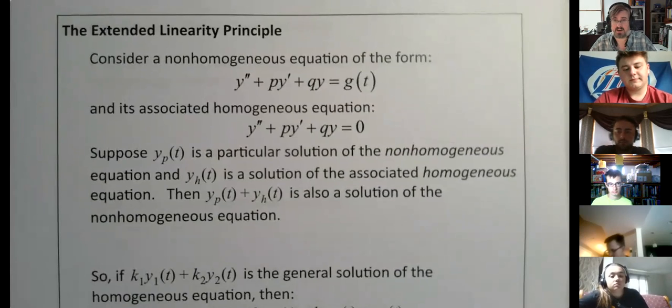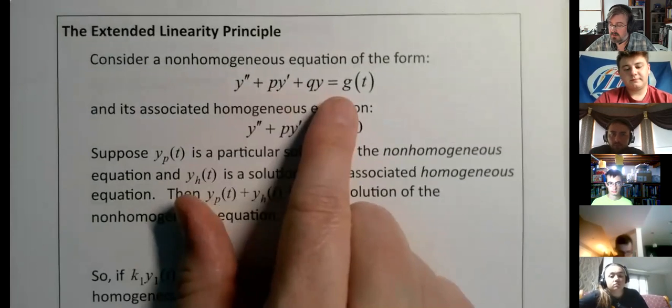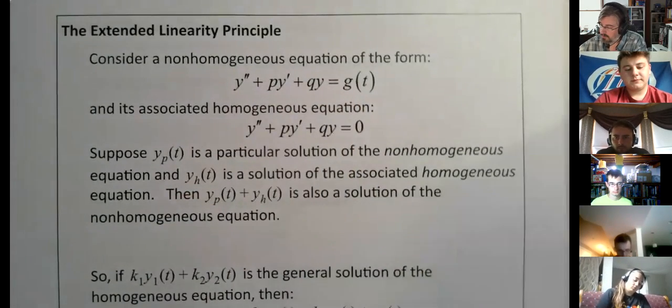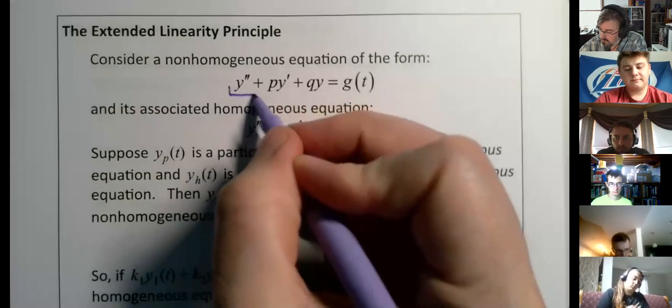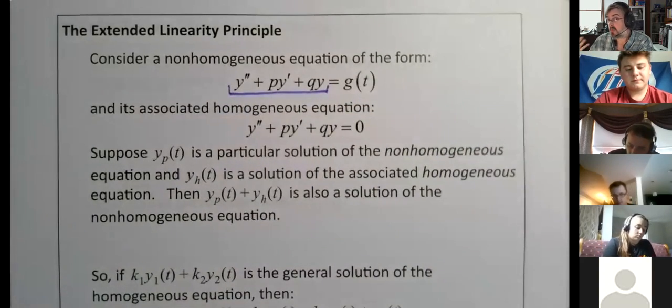The extended linearity principle says, let's say you've got a non-homogeneous equation of this form. Now, right here, you recognize this part of it. That part of it is what we would call the homogeneous part.